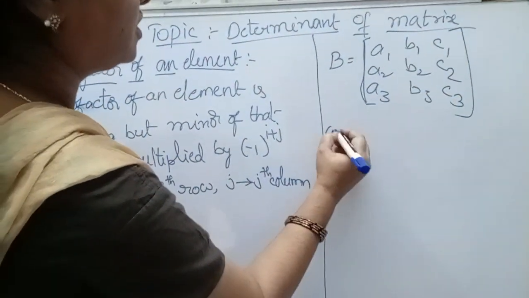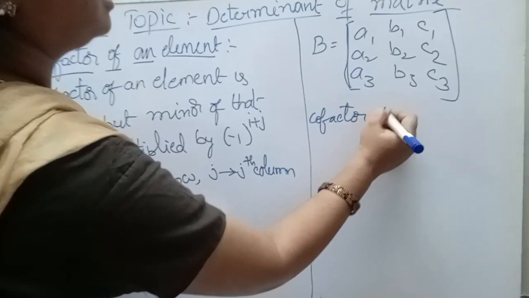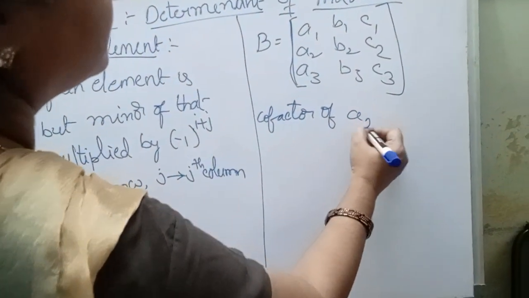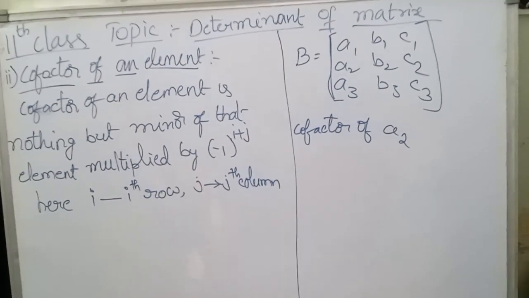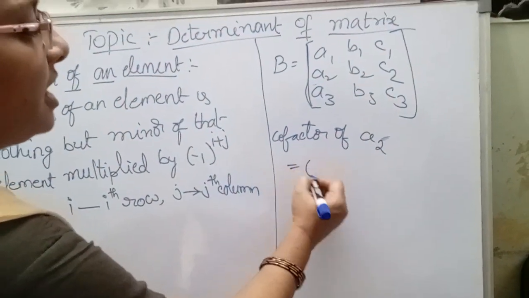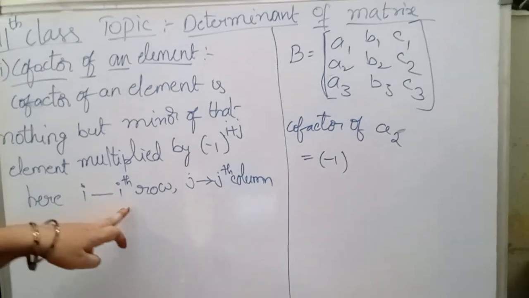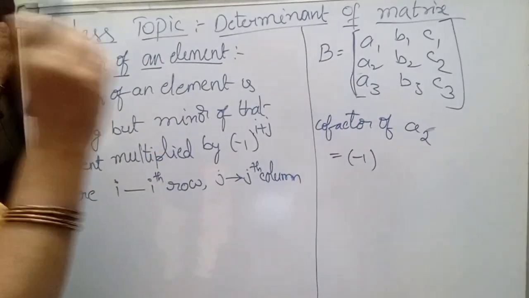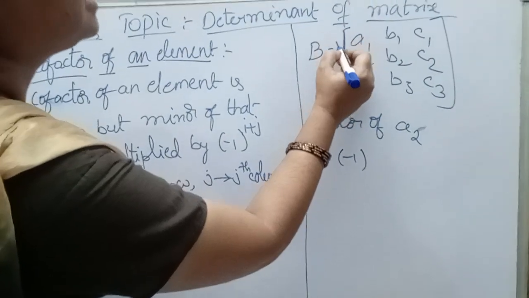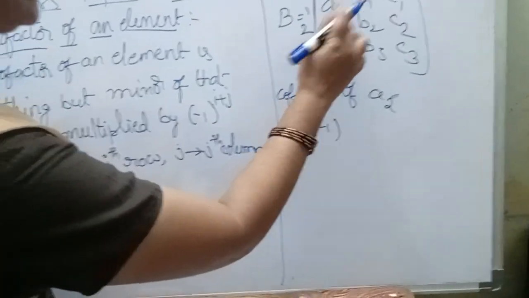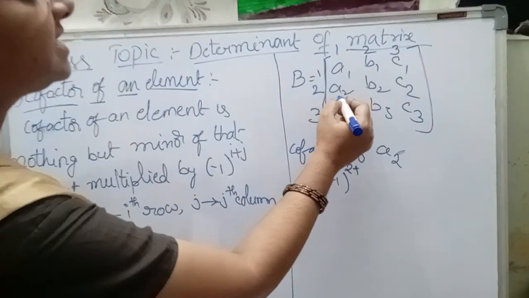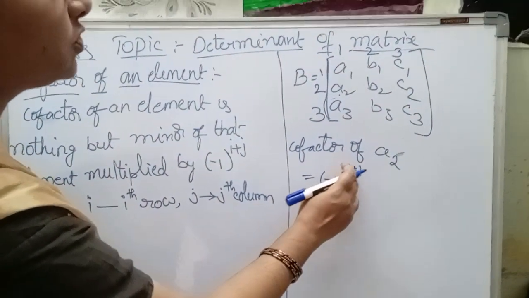To find the cofactor of a2, we write minus 1 power row plus column. A2 is in the second row and first column, so minus 1 power 2 plus 1.